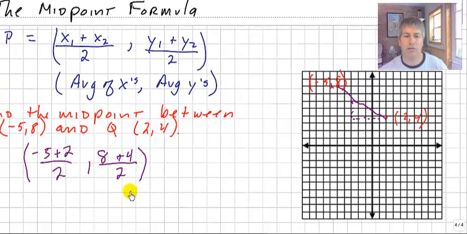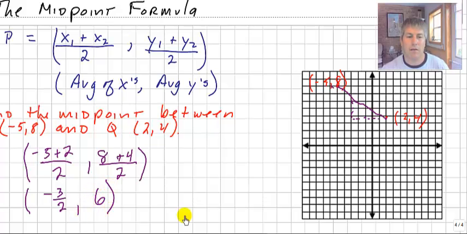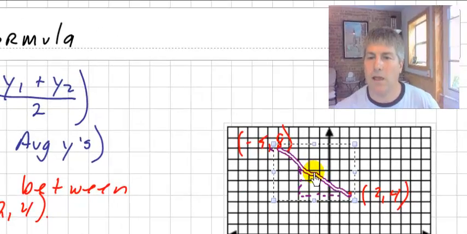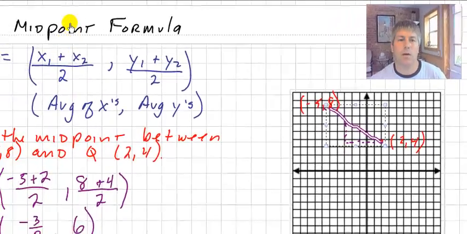That's the average of 2 particular points. So the middle point is (-3/2, 6). So negative 3/2, which is negative 1.5, and 6, which I hope is right there, and that is our midpoint.